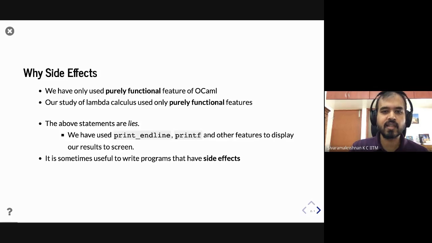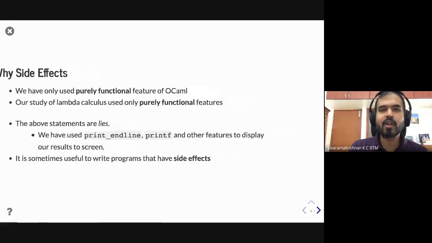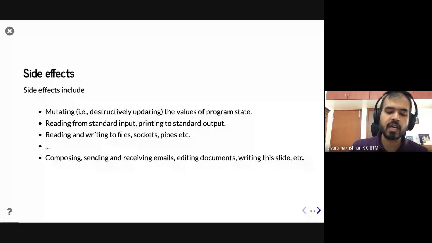So that's that. And what are the side effects that we have in the language? In OCaml, we have ways to mutate values on the program heap. So far, everything that we've seen is purely functional. We can define a variable. If you use the same name, you're defining a new variable that shadows the previous definition.